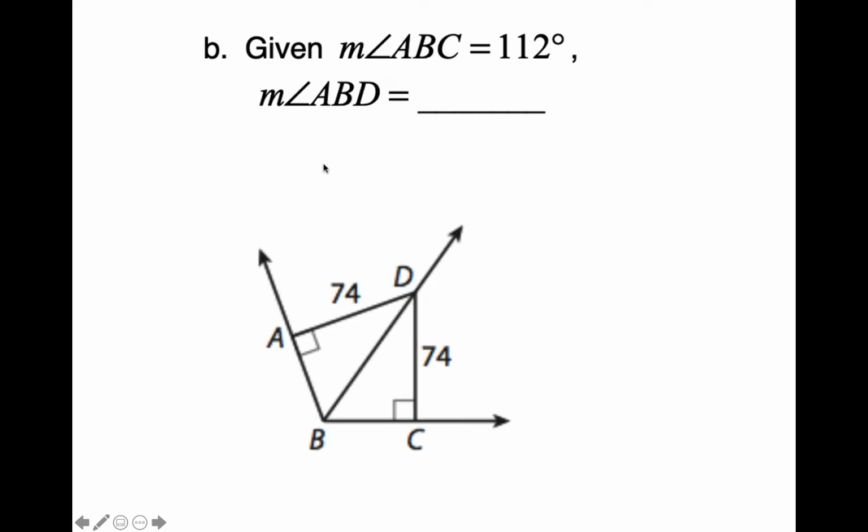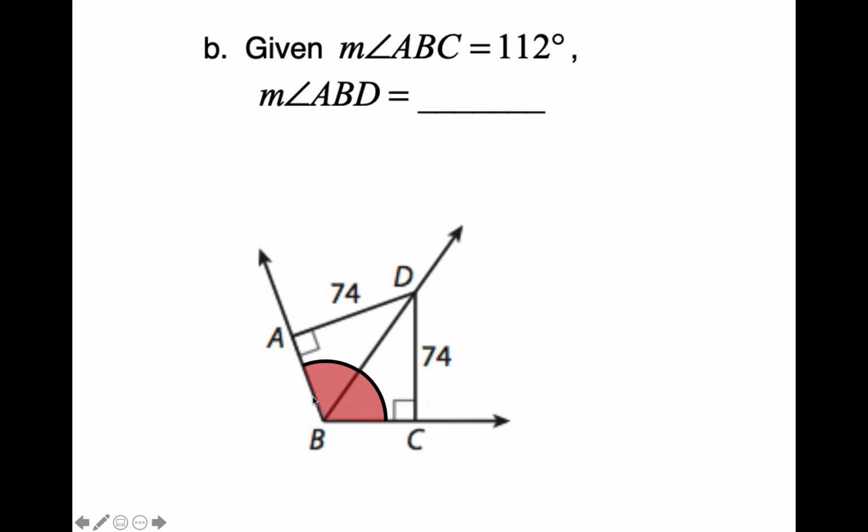Part B, it says given the measure of angle ABC is 112, find the measure of angle ABD. Well, notice that these are both 74. Since these are equal, we know that this angle and this angle have to be equal, that this is bisecting that angle.